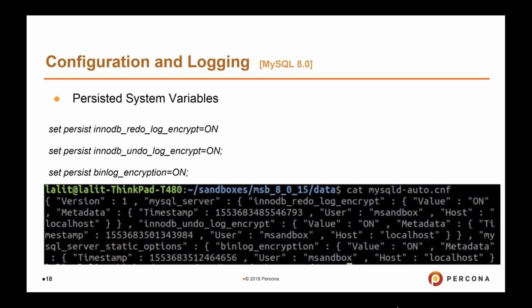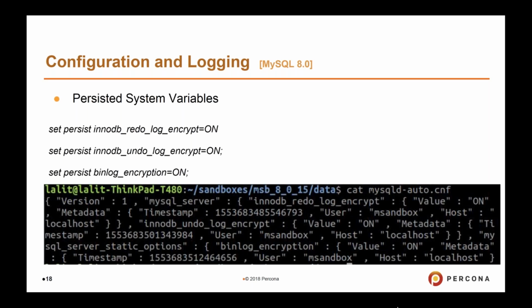It will set your binlog encryption on the server at that time, as well as add that setting in the mysqld-auto.cnf file, which is written in JSON format. So on the next restart, your configuration settings will be there and there will be no problem. That is the use of this persistent system variable.